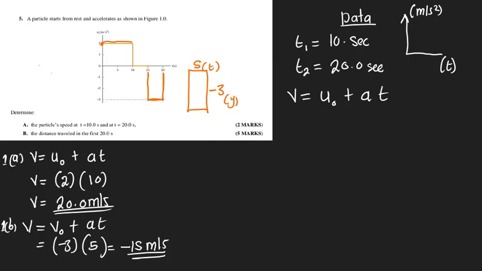Now, in order for us to find the distance for this particular motion, we know that velocity is equal to the displacement over the time. So in order for us to find the distance traveled, because we want to find this particular guy here, if we want to find x, then it implies that x is going to equal v times t.